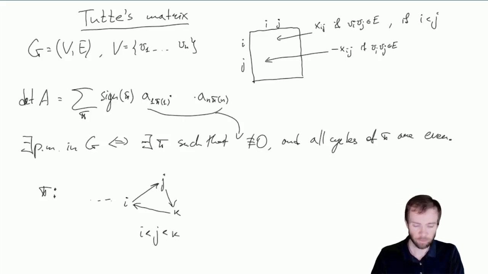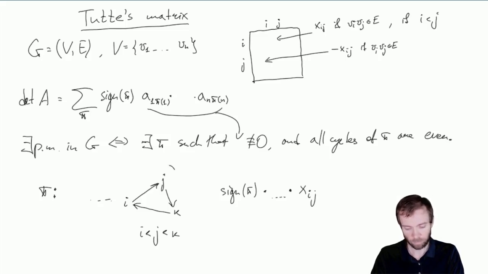Then the corresponding term in the determinant would be sign of P times various things related to different items, and for this arc i to j we will have a corresponding variable x_ij. For this arc, we'll have a corresponding variable x_jk.